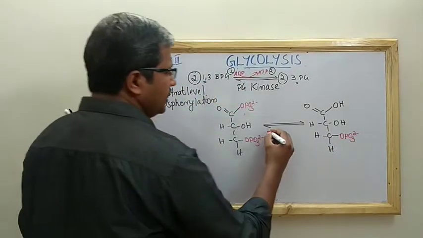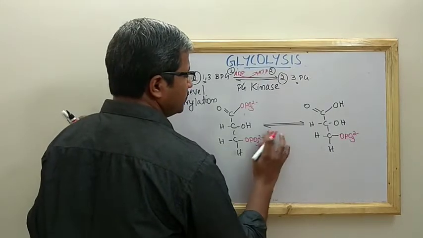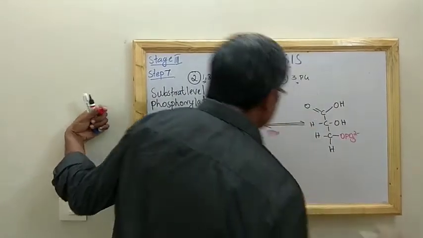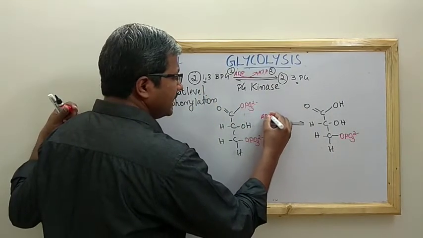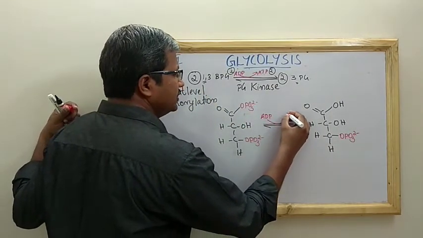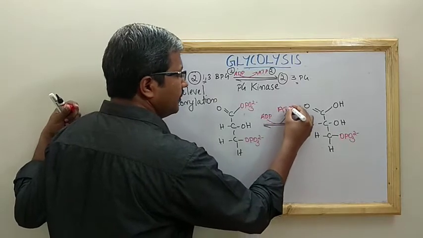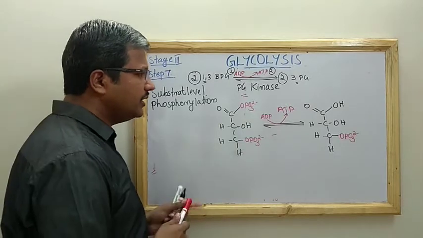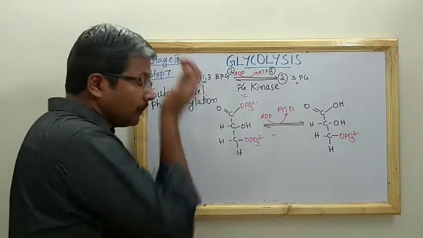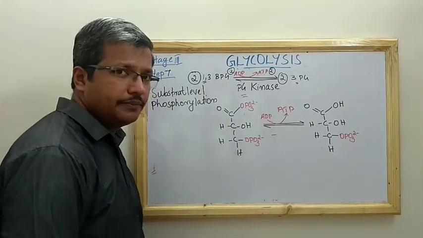What happened in between? ADP molecule accepted that phosphate group and changed into ATP. Repeat the enzyme name here, phosphoglycerate kinase. Hope you got the idea.